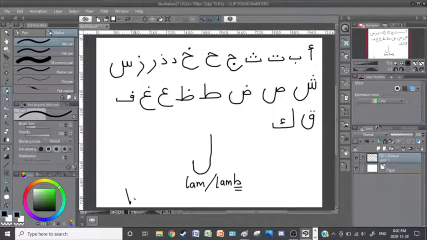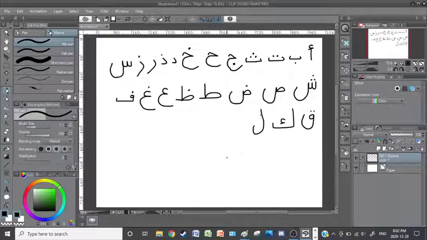Or you can remember it from the Greek letter lambda, or from the Hebrew letter lamed. I do not know if I'm pronouncing that correctly. Okay, remove. And here we go. This is the lam.